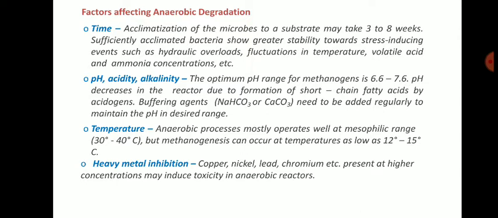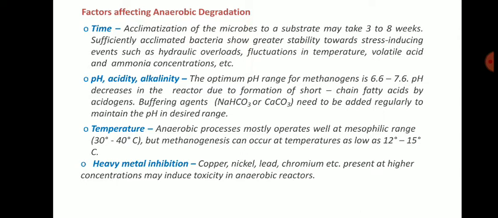Methanogens will not work for the conversion of acetate, hydrogen and carbon dioxide to methane unless the pH is maintained between 6.6 and 7.6. So it is necessary to maintain the pH of the wastewater. Buffering agents like sodium bicarbonate and calcium bicarbonate need to be added regularly to maintain the pH in the desired range.